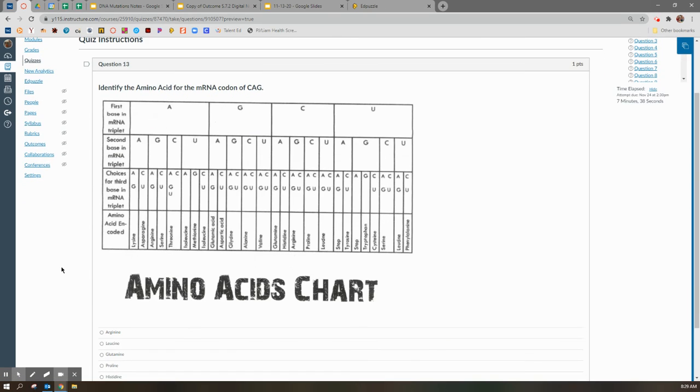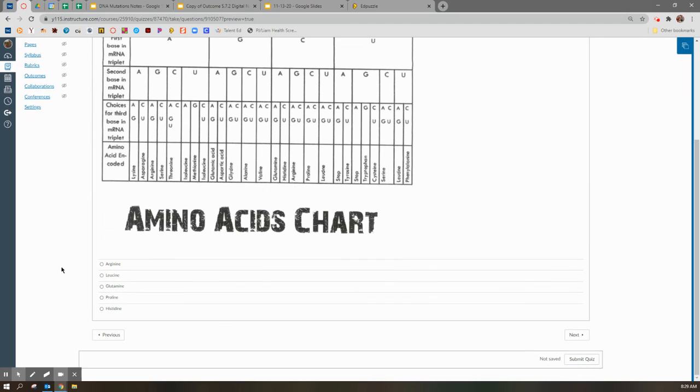Question 13. Identify the amino acid for the mRNA codon of CAG. Is CAG arginine, leucine, glutamine, proline, or histidine?